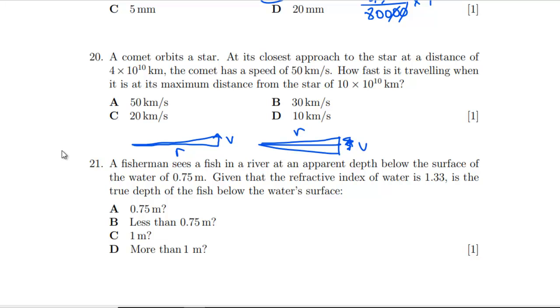So these things are multiplied by each other. So what have we done here? We've increased r by 2.5. So we're going to have to reduce v by the same amount. So we're going to have to drop down to 20 kilometers per second. So these things multiply out. So our 4 times 50 will be equal to 20 times 10. That's what we're looking at. So we're going to end up having C.